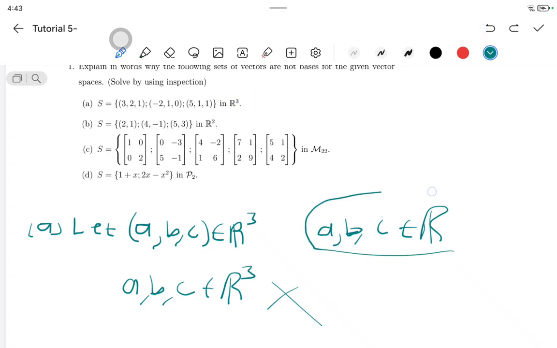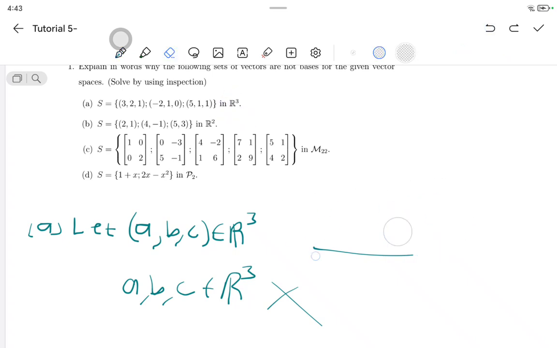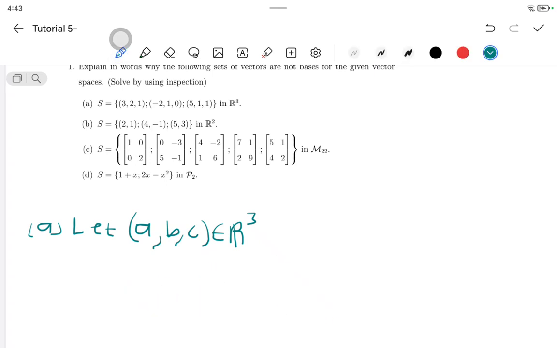So this would be wrong. Initially, this is correct, but it's wrong because we are doing it in the wrong space. You see, right? So that is not allowed. Even this one is not allowed.